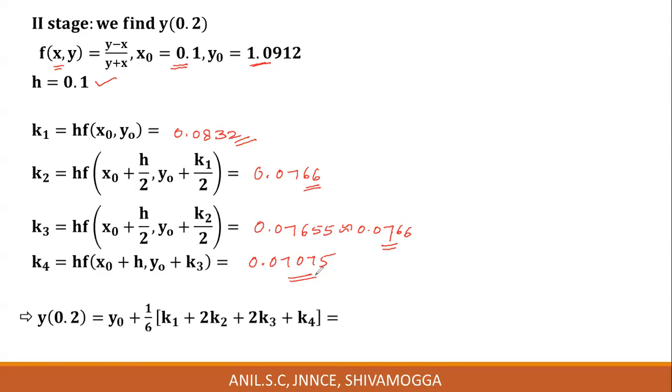All the 4 components are obtained. Now we can easily calculate y of 0.2. Substitute y0 plus 1 by 6 into k1 plus 2 k2 plus 2 k3 plus k4.